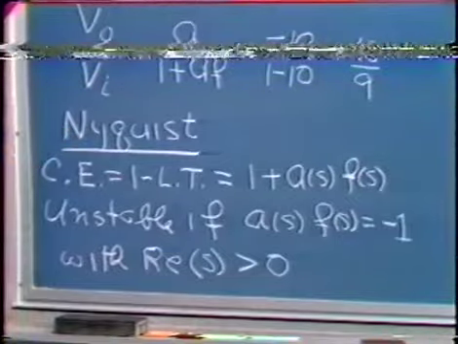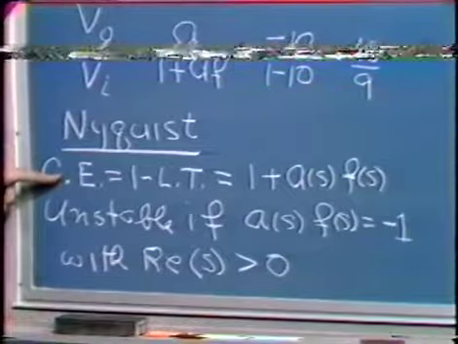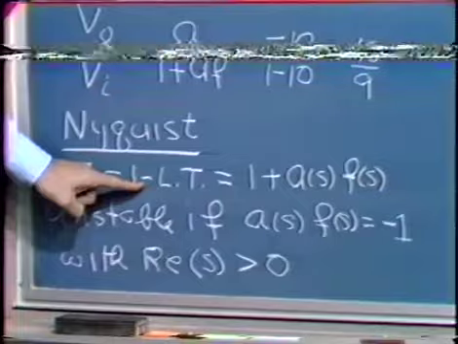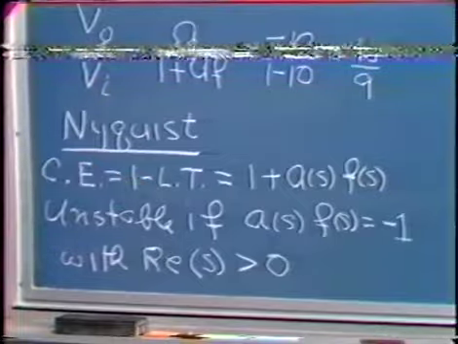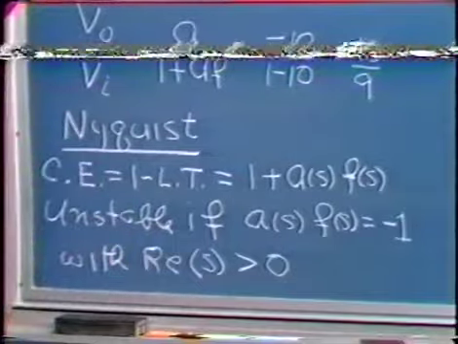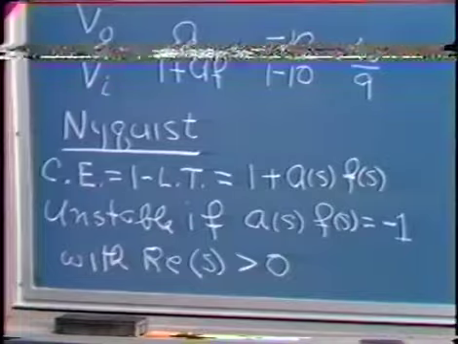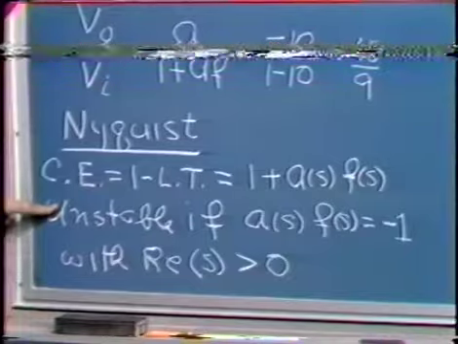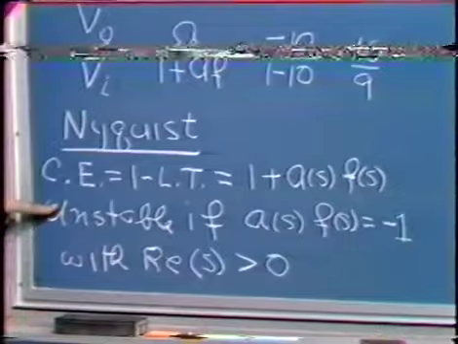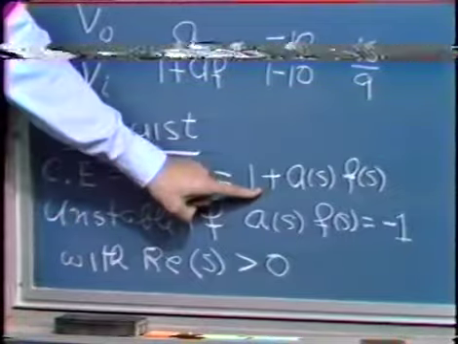And here, as we started with root locus, we look at the characteristic equation for the system, which is simply 1 minus the loop transmission. And in our standard notation, that's 1 plus A of S, F of S. And again, exactly as in the root locus development, we recognize that closed loop poles of the system will lie at values of S where this term goes to 0.